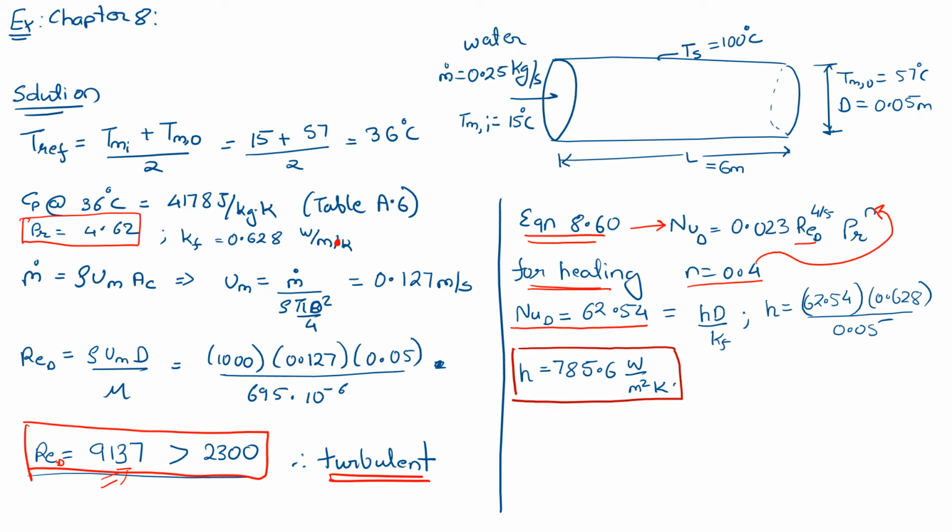Now we have our heat transfer coefficient, but there are two ways of calculating Q. One easy and common way used in such problems, because you know the mass flow rate, the inlet and outlet temperatures, and the surface temperature, is to simply calculate your Q, and this will be Q convection obviously, as m dot Cp times (Tmo minus Tmi).